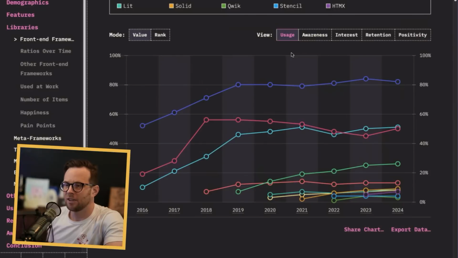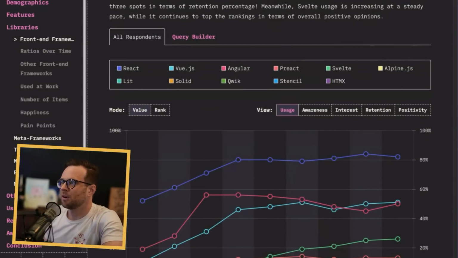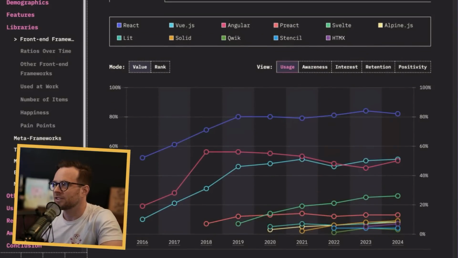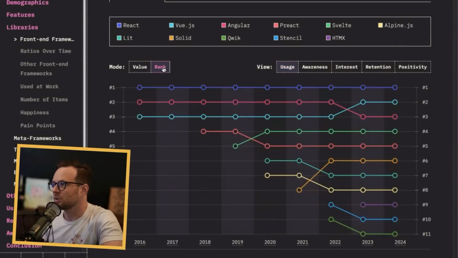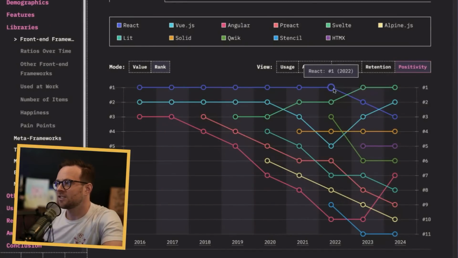Yeah. So let's get into front-end frameworks over time and whether or not people like them, are using them. There are different categories on this for usage, awareness, interest, retention, and positivity. I think positivity is an interesting one, how people are feeling about it. It's interesting that from 2016 up until 2023, React was still the most positive, and then Svelte passed it in 2023.